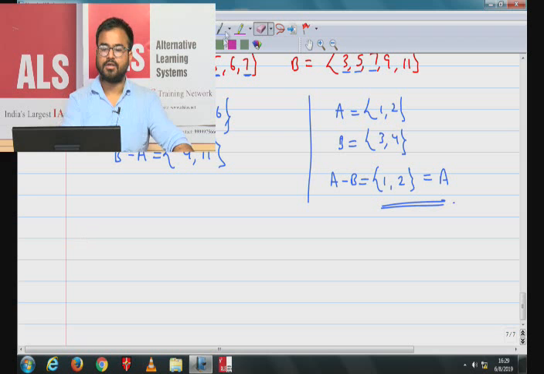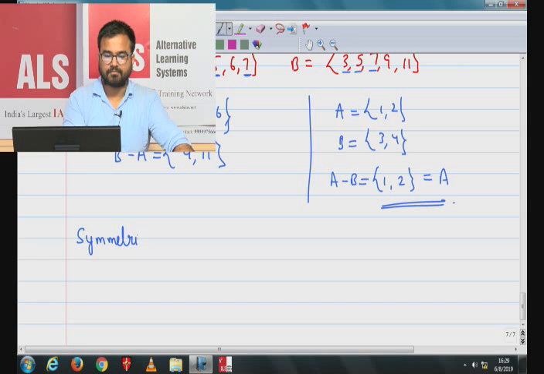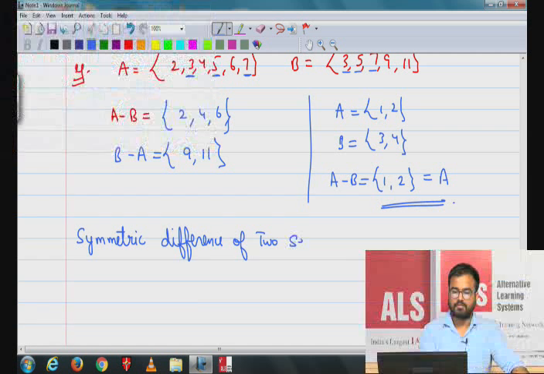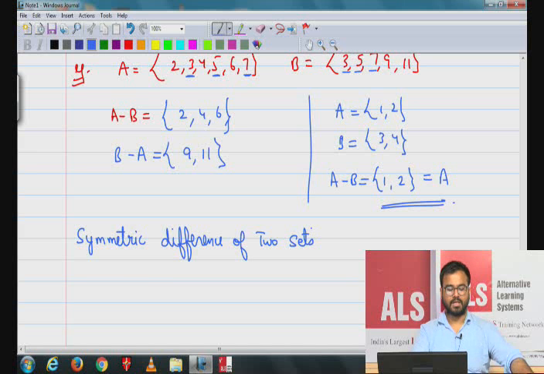Okay. Now write the next thing, that is called symmetric difference of two sets. Now what do you mean by symmetric difference of two sets?